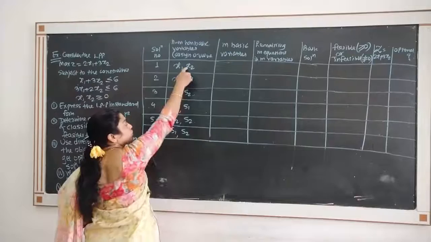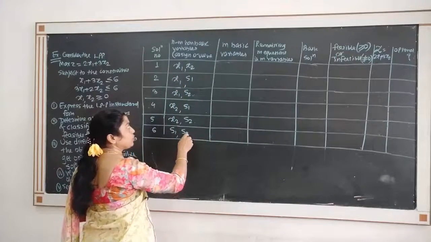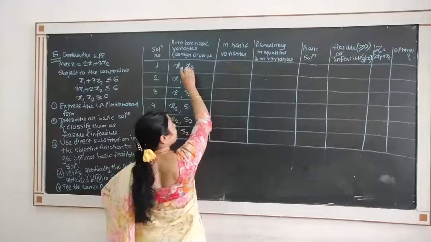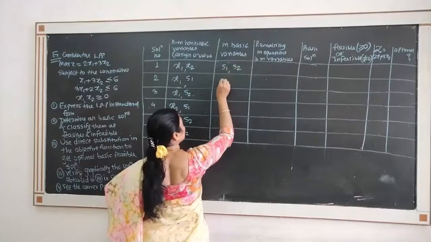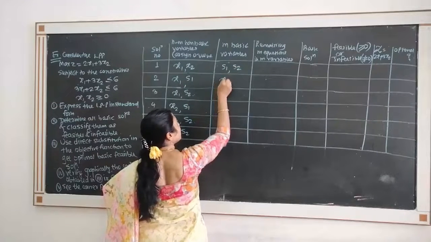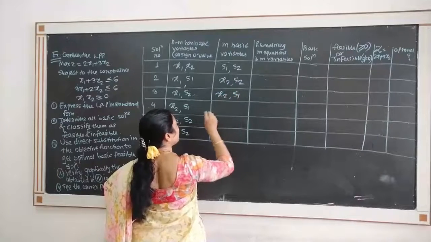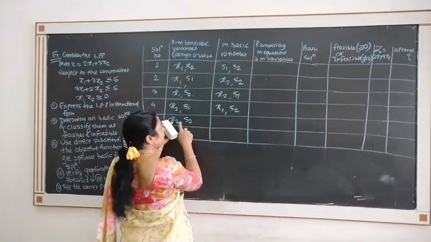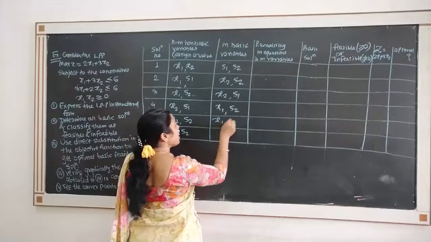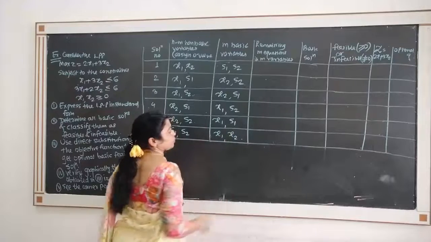By substituting these zeros, whatever remains are the other variables. When you put x1, x2 as 0, s1 and s2 remain. For x1, s1, x2 and s2 remain. For x2, s1, x1 and s2 remain. Here we have put x2 and s2, so x1 and s1 remain. And here we get x1 and x2.